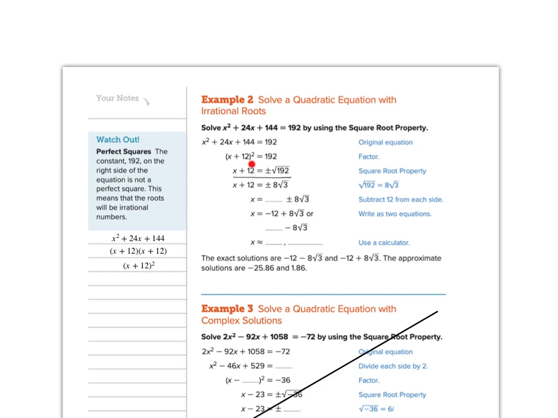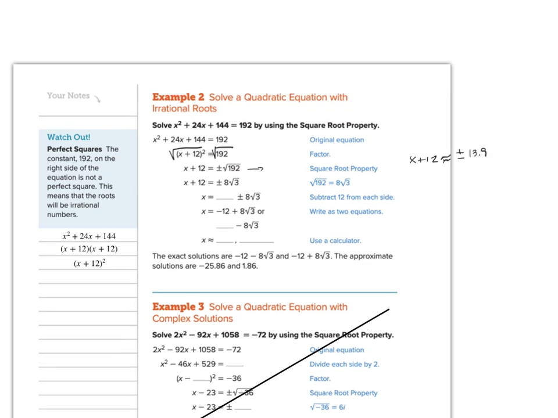So we can find the square root of both sides. The square root of x plus 12 squared, and the square root of 192, is going to give me x plus 12 is equal to plus or minus the square root of 192. Now at this point, you do have the option to convert it to a decimal.